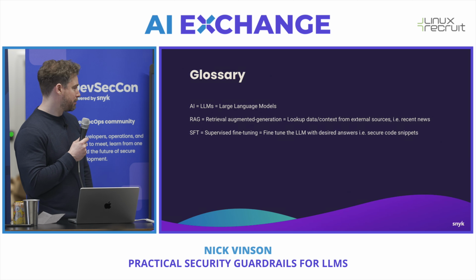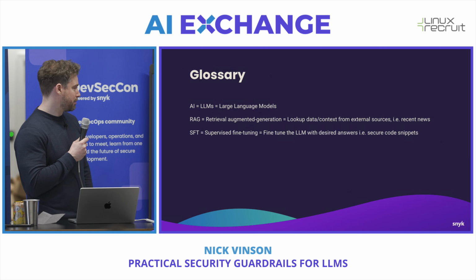Bit of a foreword before we go into specific new threats and LLM-specific security controls is that your existing DevSecOps practices, security engineering practices still apply. It's just the new technologies, new systems, new data flows, new contexts.